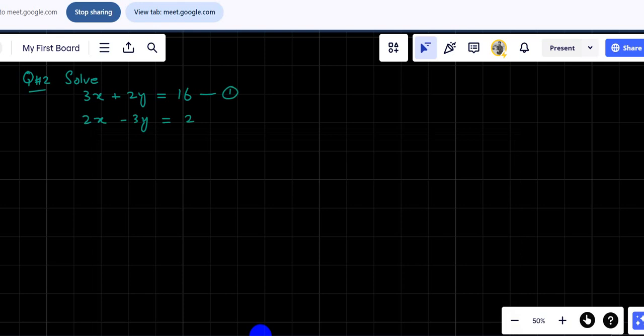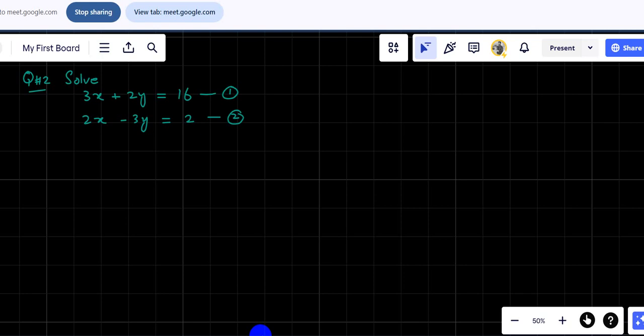This is equation 1. This is equation number 2. So we have two equations. Are these linear equations? Yes, both are linear. In these equations, all the variables have different coefficients.